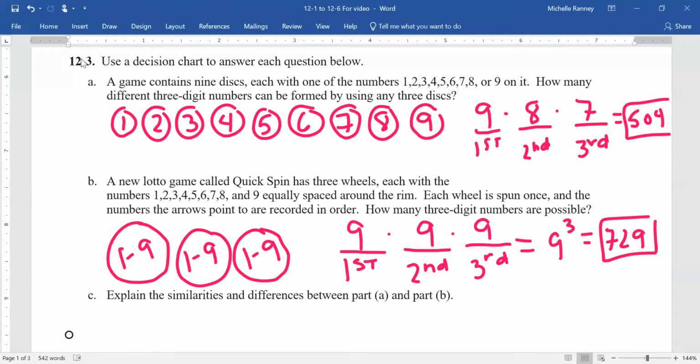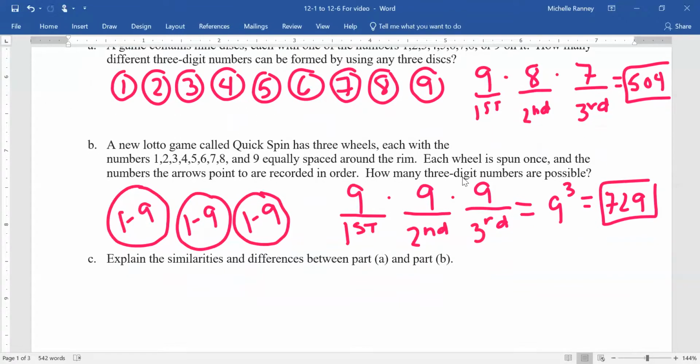So on part C, it says, explain the similarities and the differences between parts A and B. So in both of these problems, we had 3 choices. So both had 3 choices, or 3 decisions we had to make. Let's put 3 choices to make.